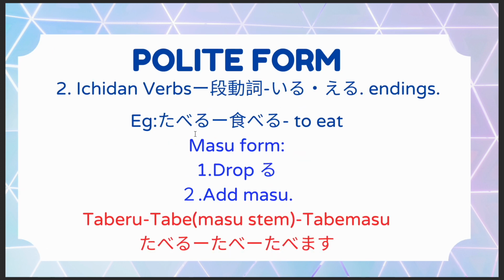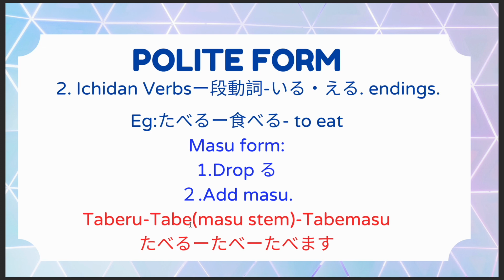So how do we convert taberu, which is in a casual form, to the polite form of the verb? Number one, we need to drop the ru. So we're going to take the same example. Taberu, we drop the ru and it becomes tabe. This will be the root or the masu stem for the masu form.